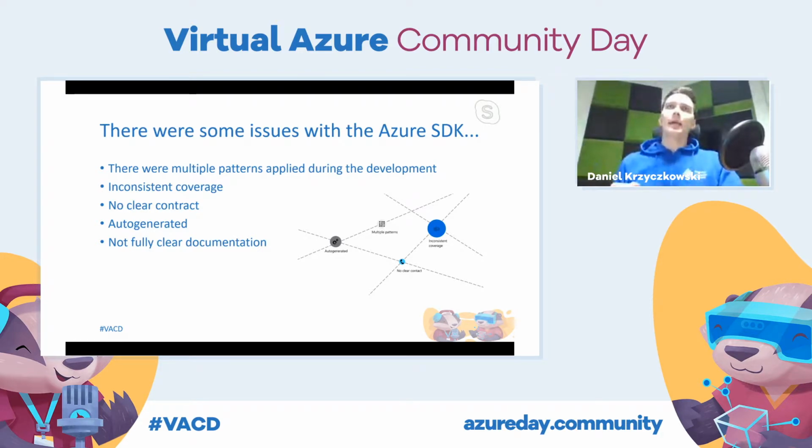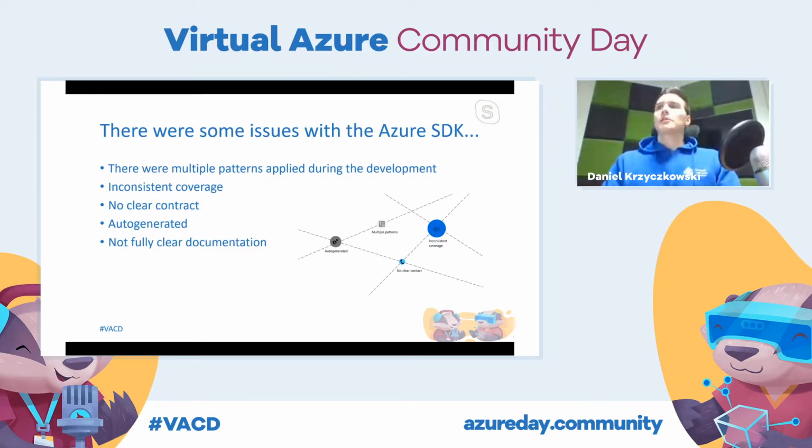Okay, that's fine, but we should somehow align those versions for different languages to make sure that every developer that starts the journey with Azure SDK will be familiar with the same concepts. So this inconsistency was quite an issue.